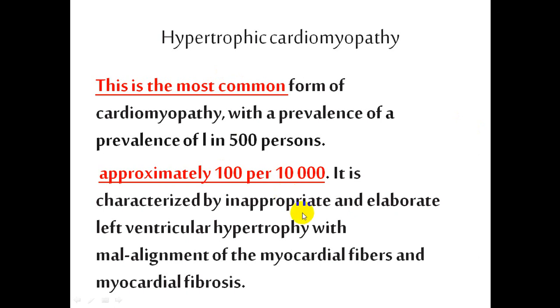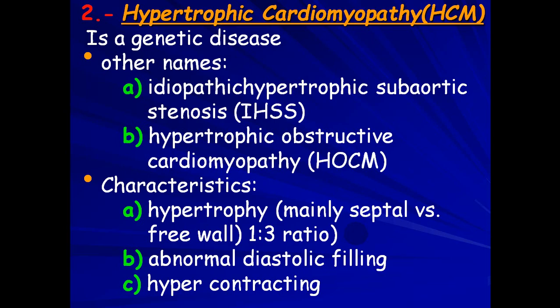It is characterized by inappropriate and elaborate left ventricular hypertrophy with malalignment of myocardial fibers and myocardial fibrosis. So hypertrophic cardiomyopathy is a genetic disease. Other names are idiopathic hypertrophic subaortic stenosis and hypertrophic obstructive cardiomyopathy if there is obstruction; sometimes it is divided into obstructive and non-obstructive.